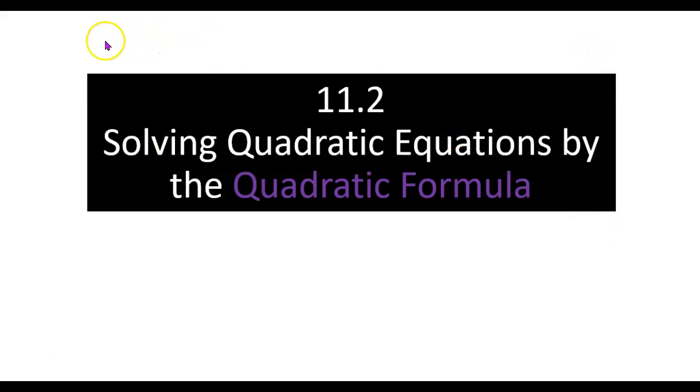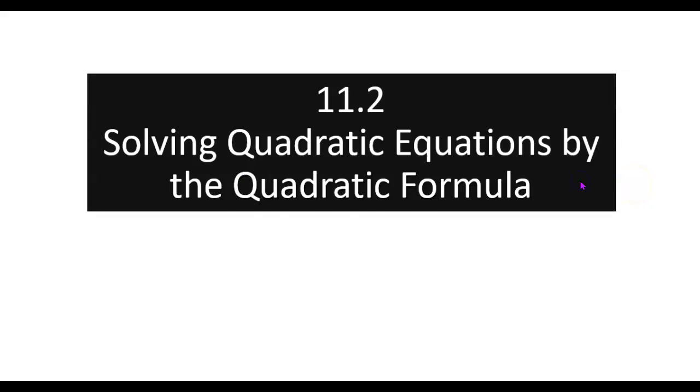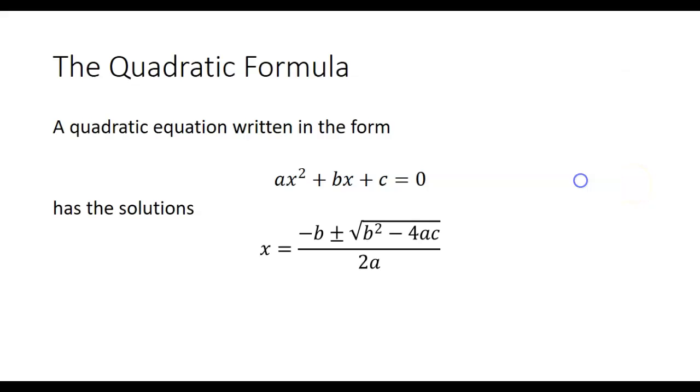But then there's the method that we're going to talk about today, and that is solving quadratic equations by using the famous quadratic formula. So here is how that works.